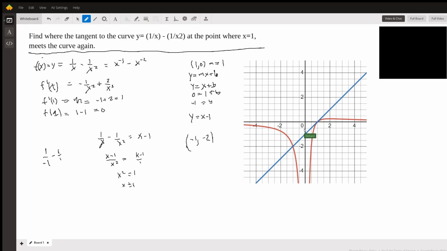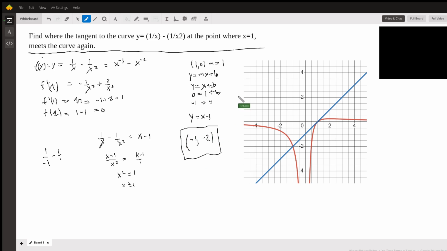Remember that the scale here, this is -1 here, this is +1 here. So it's going through (1, 0), and it's going through (-1, -2). You can see this is the other point of intersection. And so we have solved and verified the answer to the question.